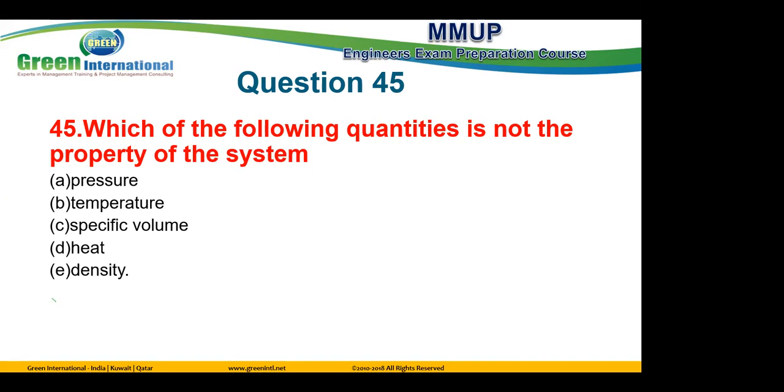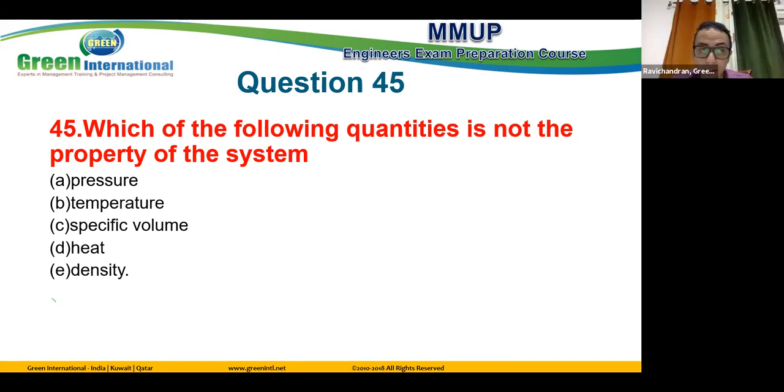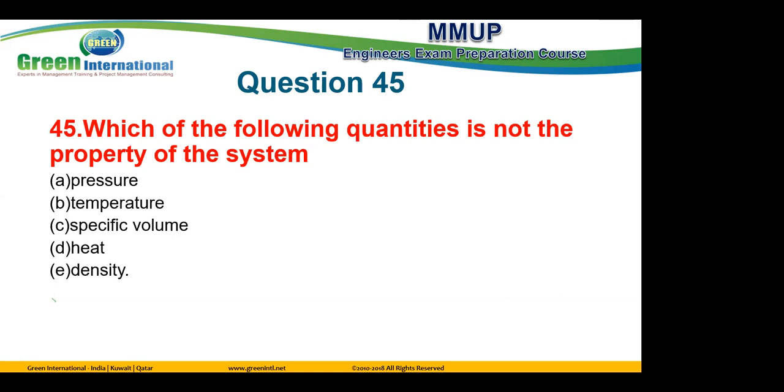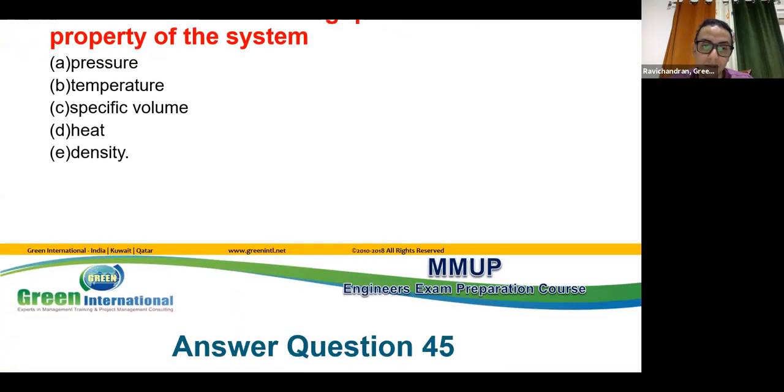Which one is not a property? Specific volume. Actually, specific volume is a property. The only one that is not a property is heat. Heat is a path function.